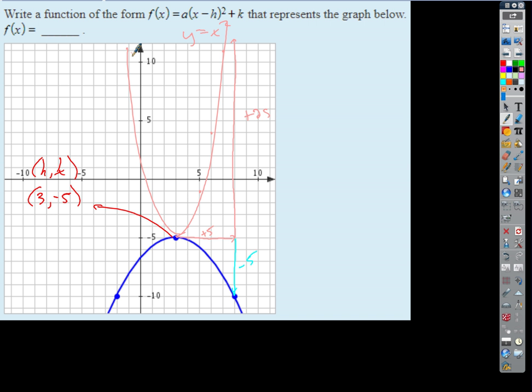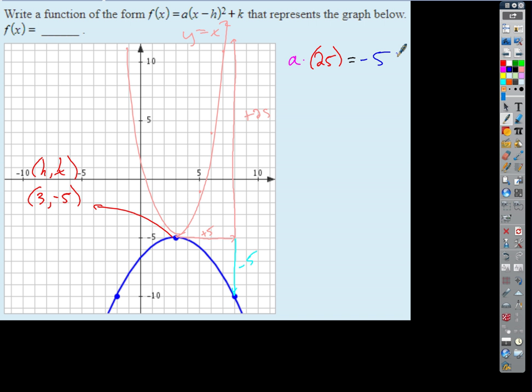So in other words, a times 25 must equal negative 5, right? Because we multiply the dilation factor by the parent graph y values to get the dilated y values.